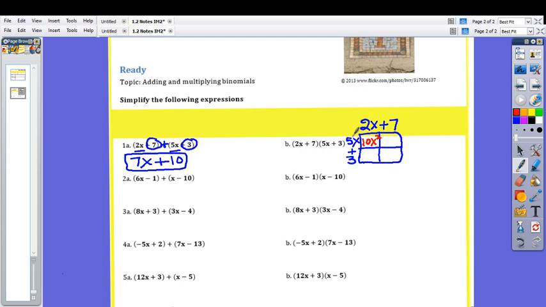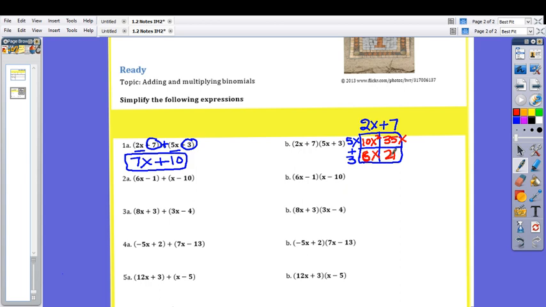Then we will do 5x and 7, so 5 times 7 is 35, so 35x, then 3 times 2, so 6, but there is x here, so 6x, then 3 times 7, so 21.